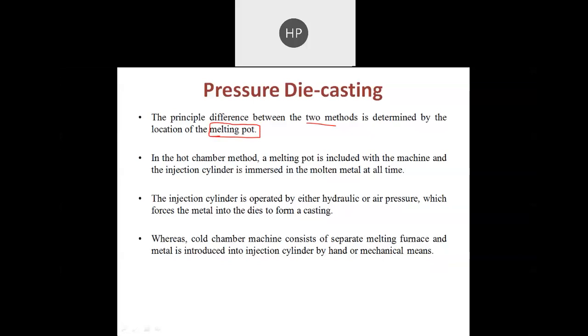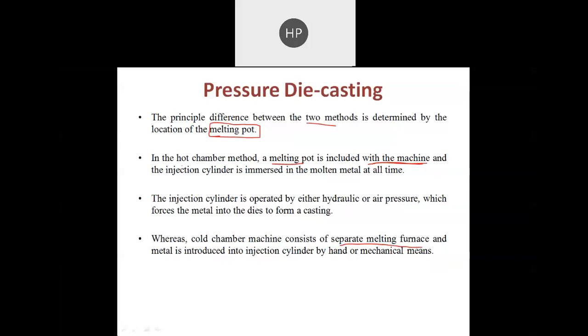In hot chamber casting, the melting pot is included within the machine. This is the important thing. While in cold chamber die casting, it is separated from the machine.